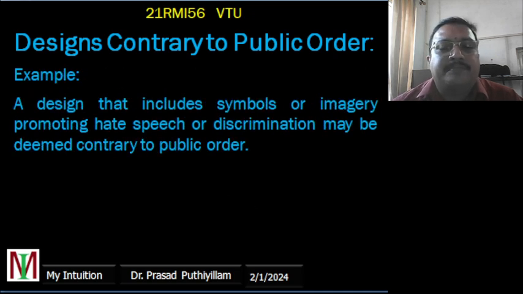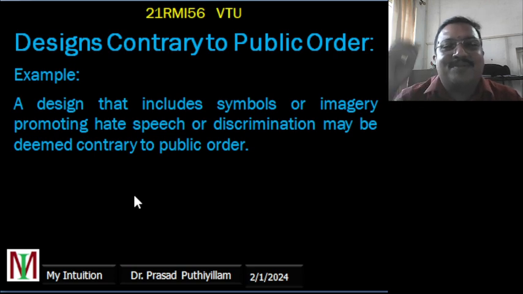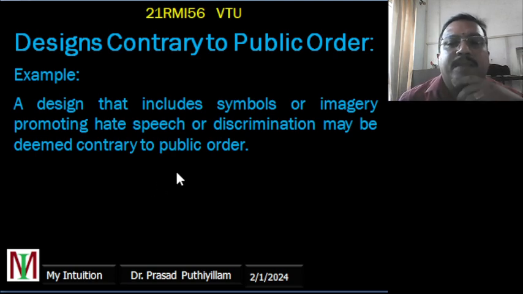For example, a design that includes symbols or imagery promoting hate speech or discrimination may be deemed contrary to public order. So any design which connects to or gives the meaning of a speech given by some political person, such statements which probably create issues in the society, that type of design cannot be protected.